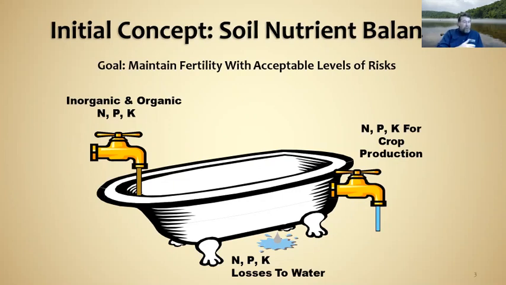However, the source will play a role in its physical characteristics and how it handles or possibly smells if you're talking about animal manures, or possibly the number or amount of potential pathogens or biological activity associated with the product. On the other end of the bathtub, we're actually removing nutrients from the soil through our crop production component.